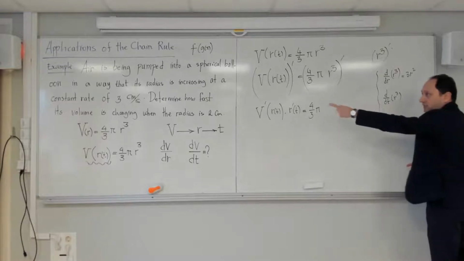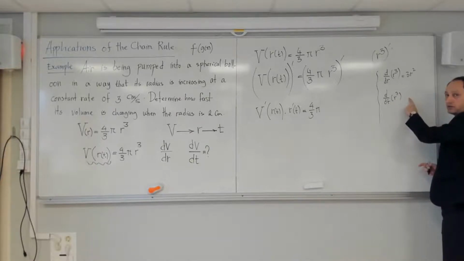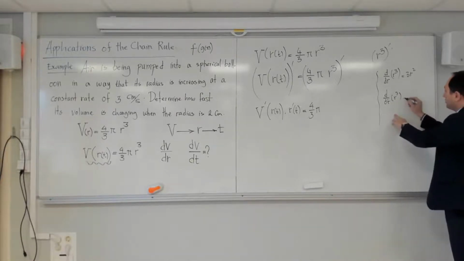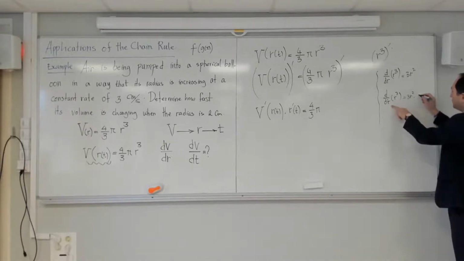But now reading this problem, you understand that r is not a constant. r is changing over time. So you are not allowed to write constant 0. So you would write 3r squared, but you need to multiply by the derivative with respect to time. So this becomes dr/dt.